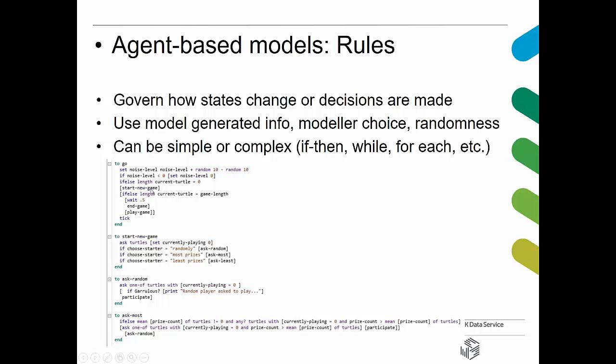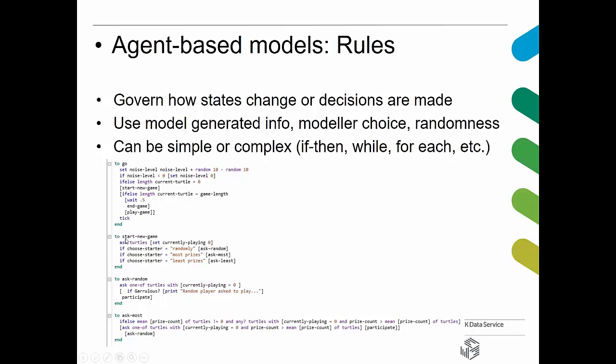Or, if agents are currently playing a game, wait, play game. So if nobody's playing, you start a game. If as many people are currently playing as is allowed in a game, then you end the game, otherwise you play the game. So they can be quite complex structures.